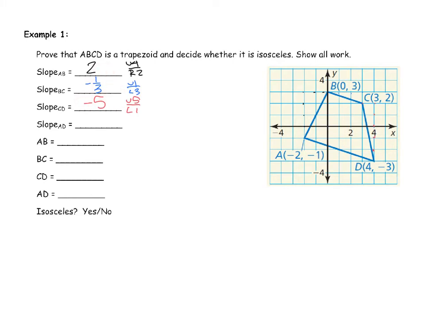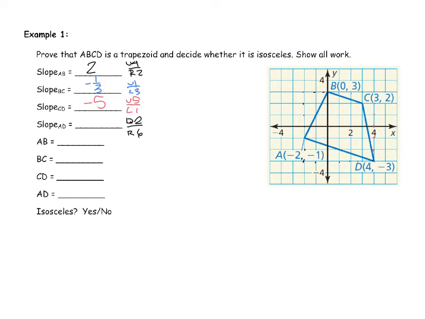But let's look at that final one from A to D. So I'm going to start at A, and I'm going to go down 2, and I'm going to go to the right 1, 2, 3, 4, 5, 6, right 6.